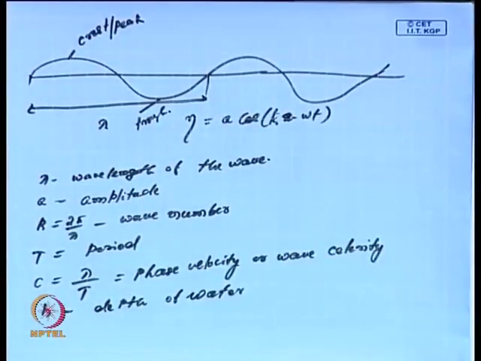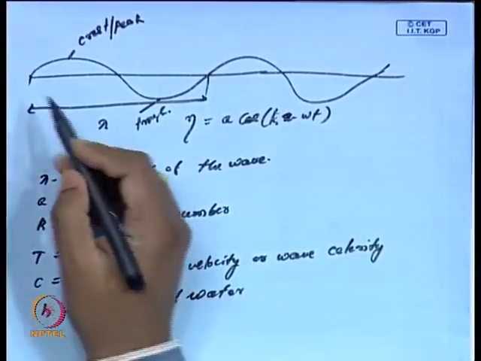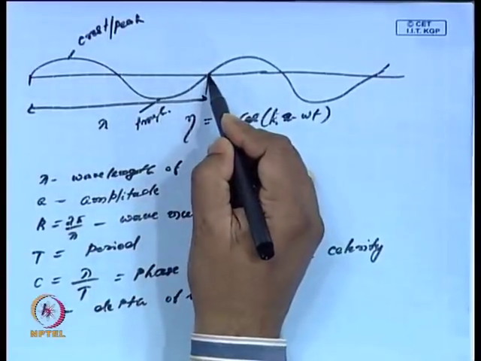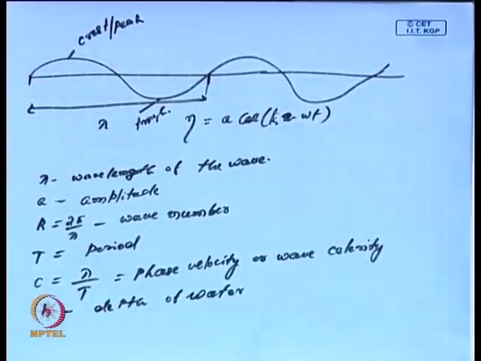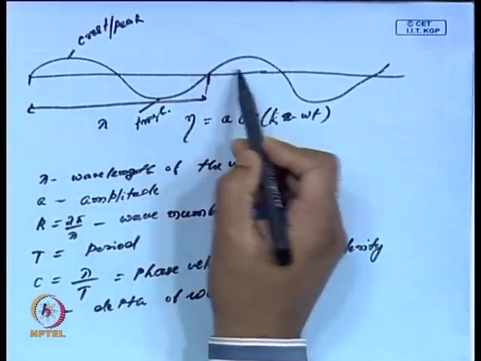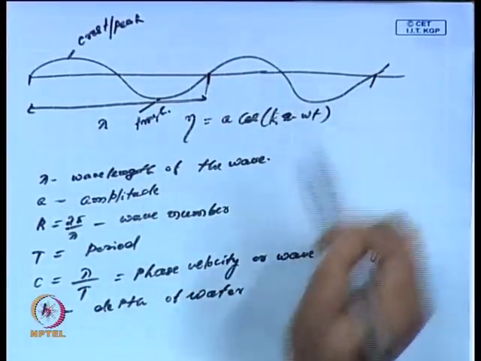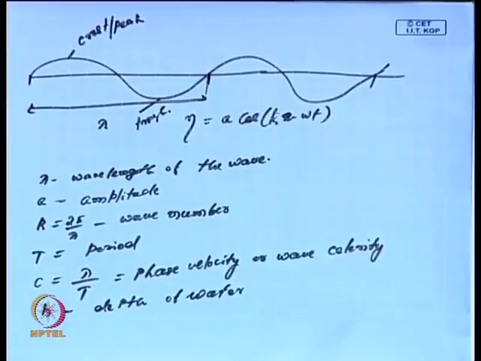Once it completes from here to here, this is called one complete cycle, and we call it one complete wave. Again from here to here is another cycle, which we call another wave.